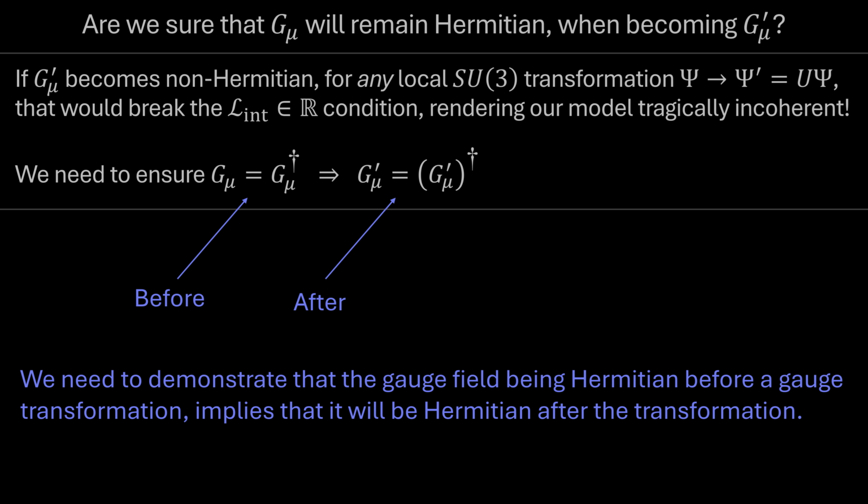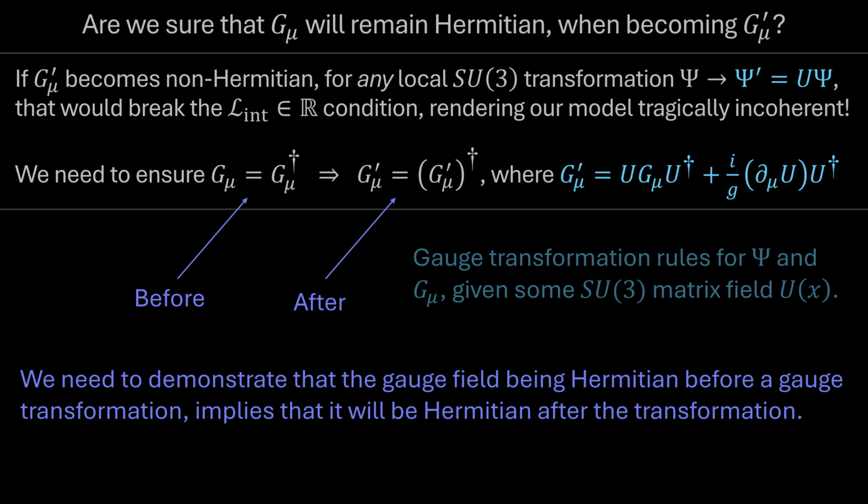Well, fortunately, we can demonstrate that this is the case, and it's not even that long of a calculation. So basically what we want to do is write out G mu prime, given by our gauge transformation rule, so that's going to be an adjoint transformation acting on G mu, plus that derivative term that cleans up the mess that we'd otherwise be creating in psi.